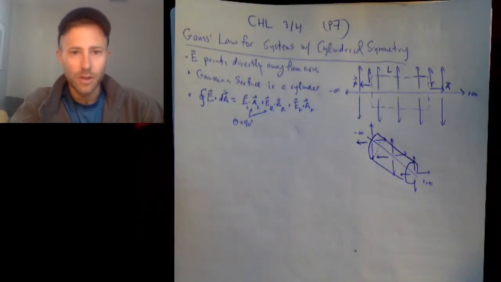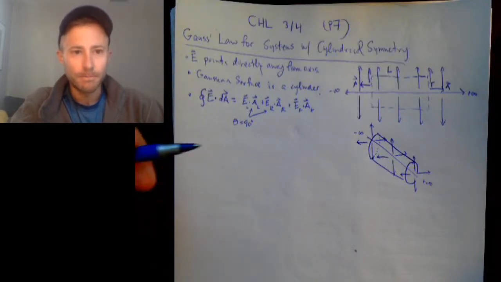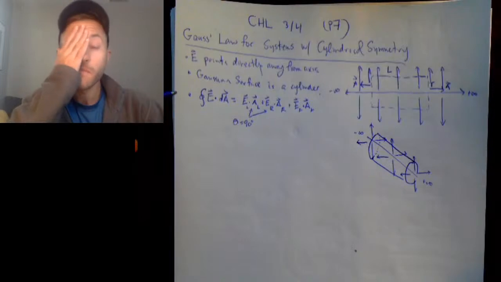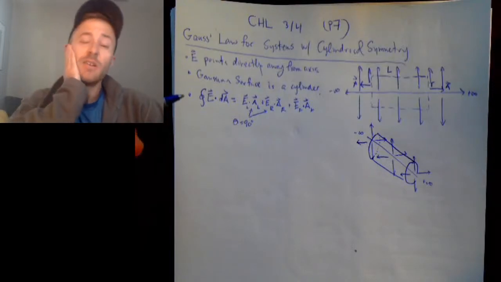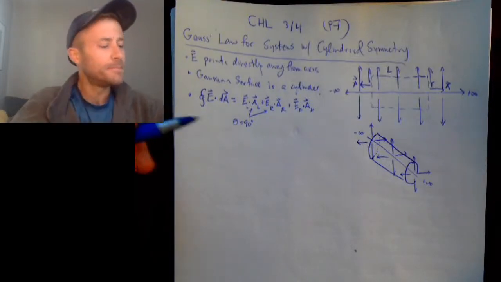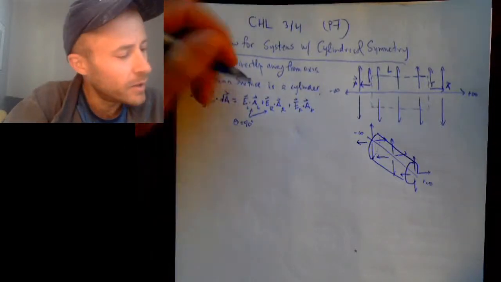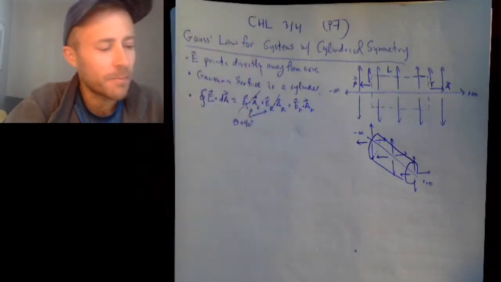The dot product involves cosine of theta, and the cosine of 90 degrees is 0. So these two terms drop out.